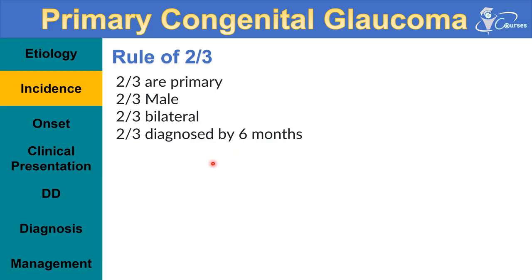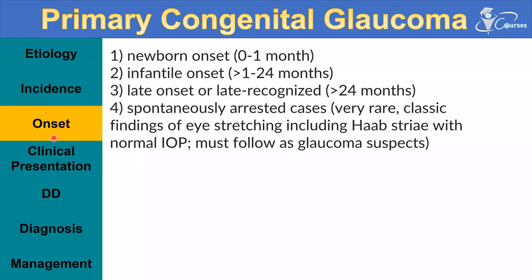And this brings us to the onset. What is the onset of primary congenital glaucoma? Depending on the age of onset, primary congenital glaucoma can be classified into 4 categories.